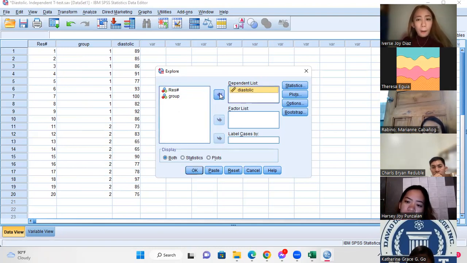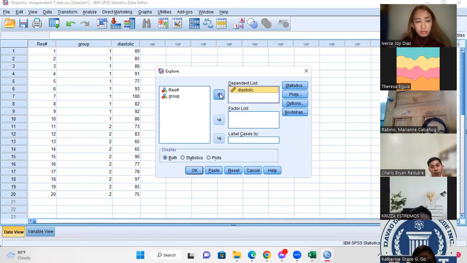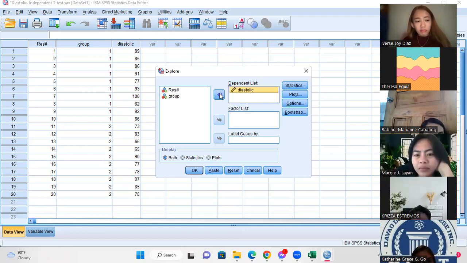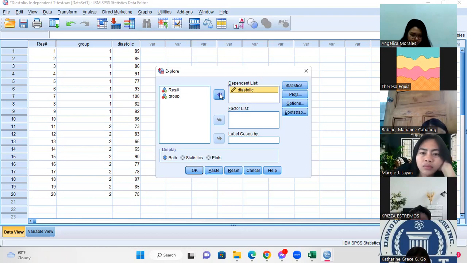Ma'am Dana, walang analyze na icon yung dito sa akin, ma'am. Bakit? Ikaw lang ba? Sa inyo, may analyze kayo na button? Yes, ma'am. Trial ba yan or galing yan sa akin?